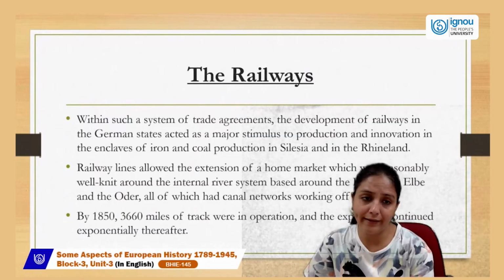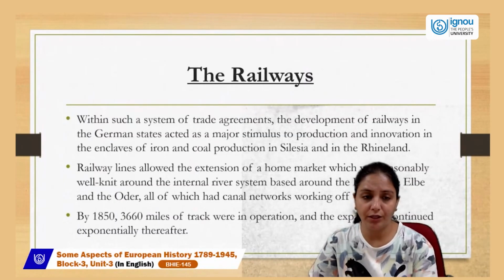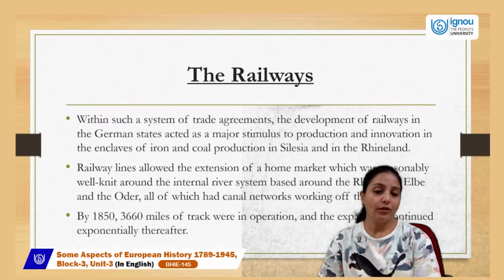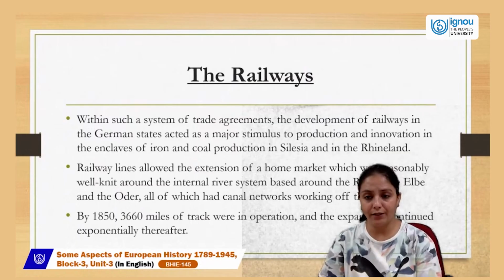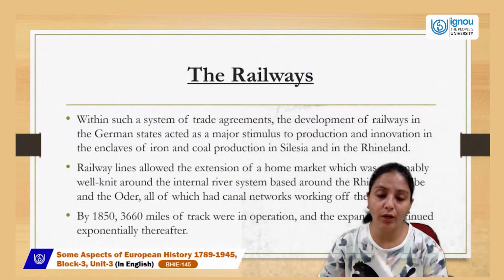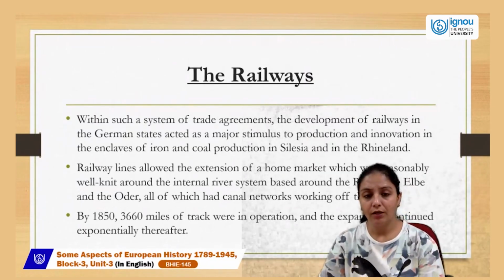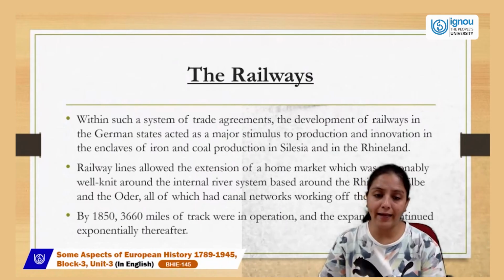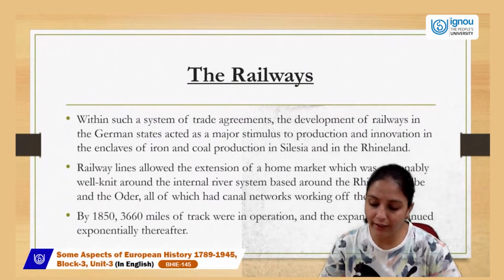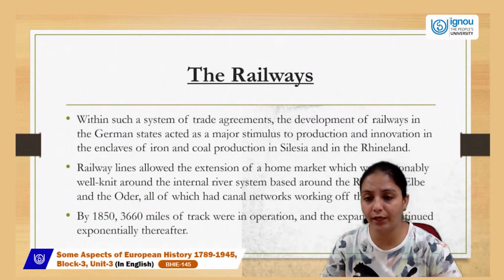Silesia and the Rhineland in the German states. Railway lines allowed the extension of a home market. Because if they wanted to export and import, they enhanced their railways, and the railway lines were getting involved in that particular area.